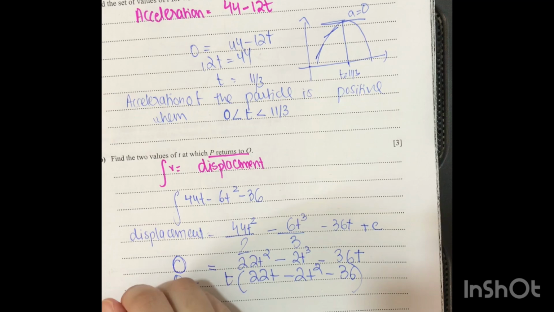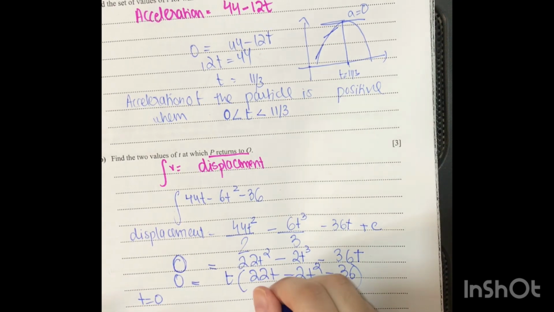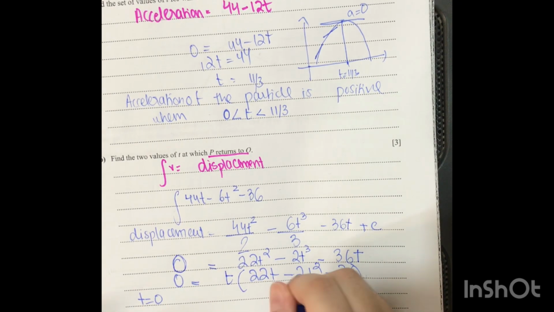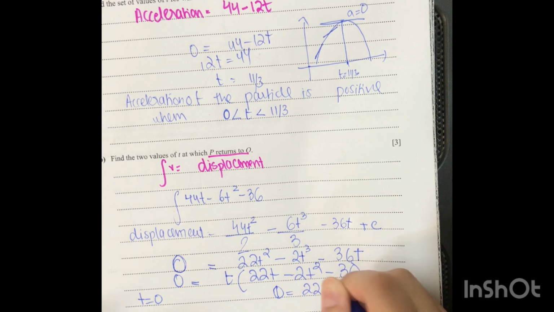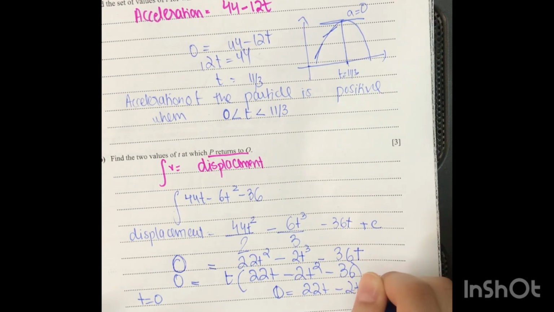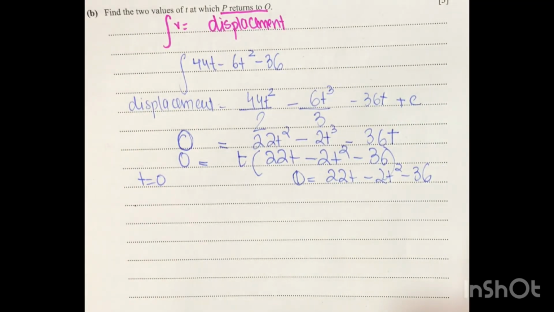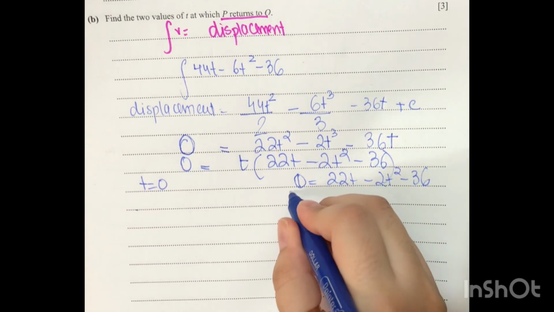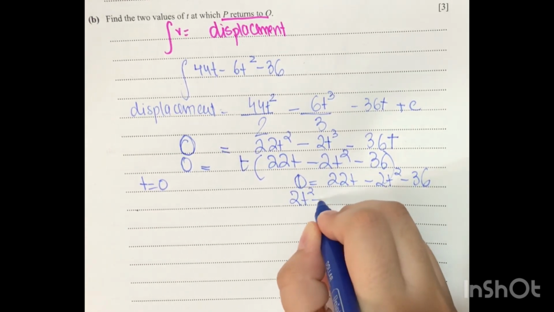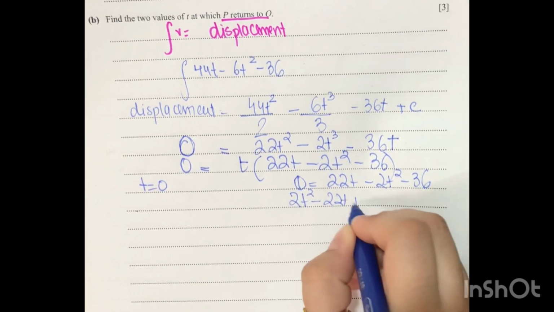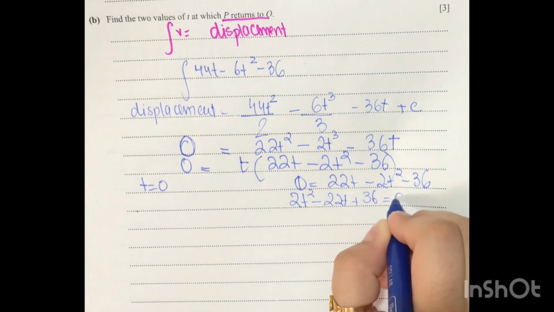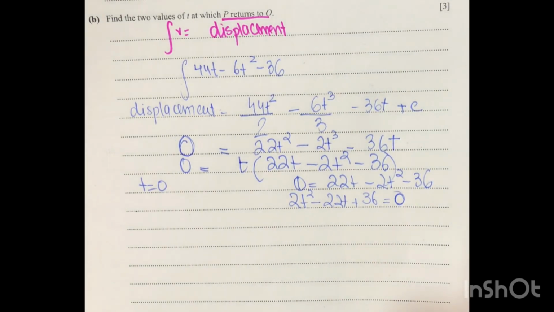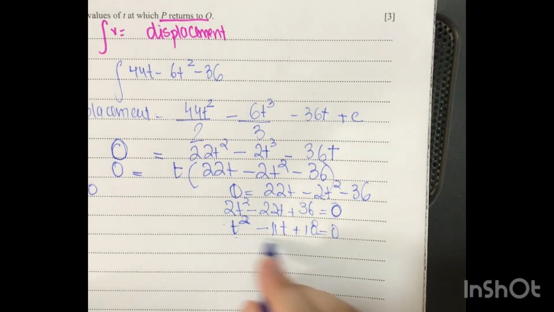So displacement is 0 when t is equal to 0, or when 0 is equal to 22t minus 2t squared minus 36. I will simplify this and write it as 2t squared minus 22t plus 36 is equal to 0. So we will apply the quadratic formula on this.